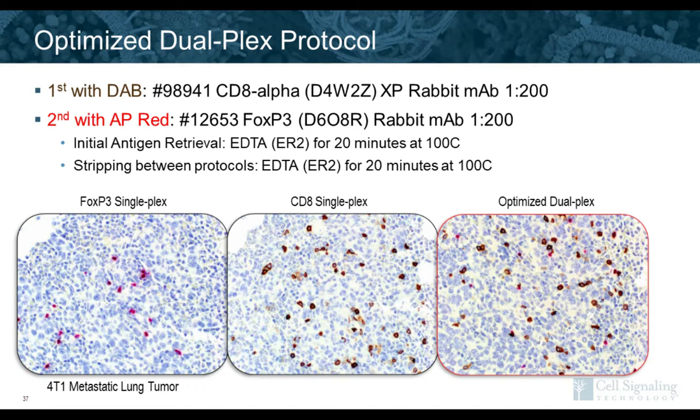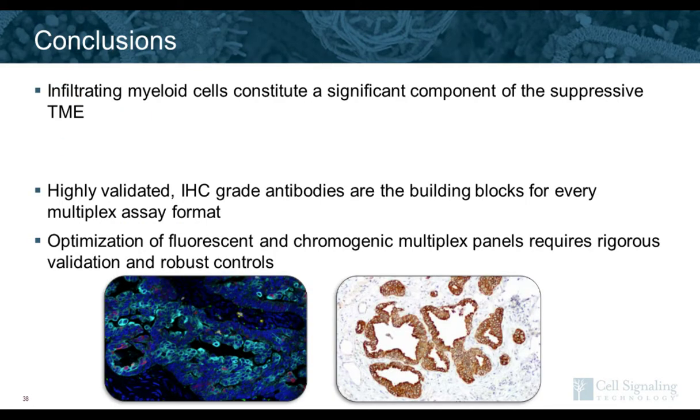I think what we're trying to get across here is just the process and the thought process and the steps to take in optimizing an assay. So it's more the thinking about how to go about optimization rather than the specific steps and how many washes between steps and things like that. Any questions like that, you can always get in touch with us here at CST for the specifics.